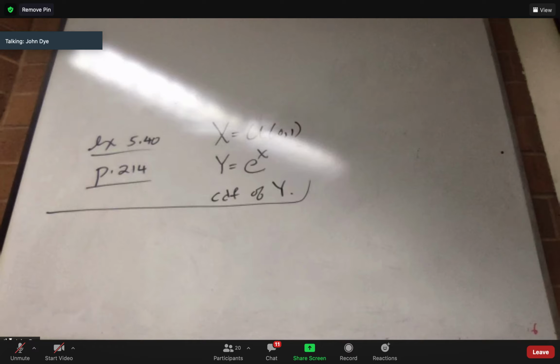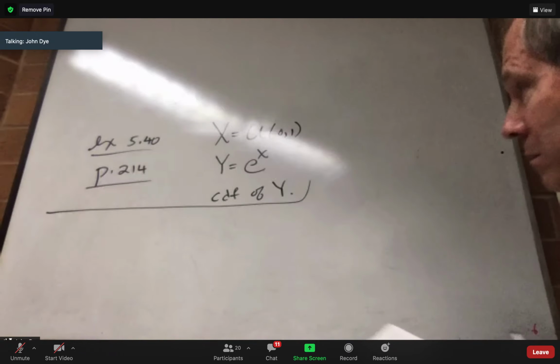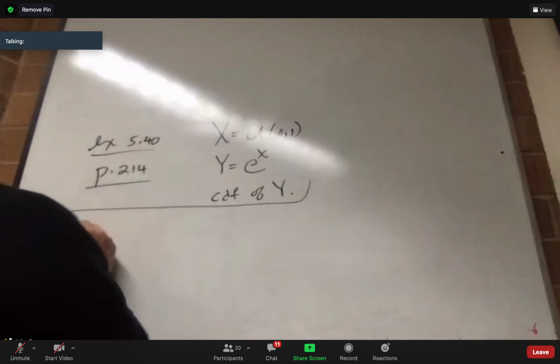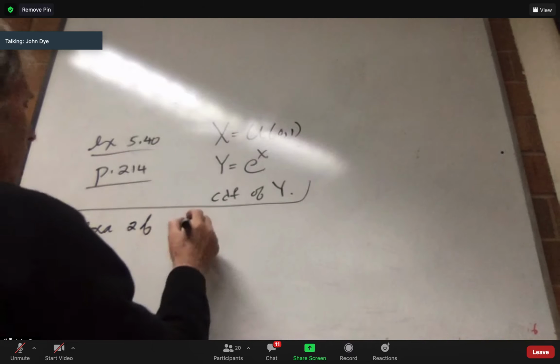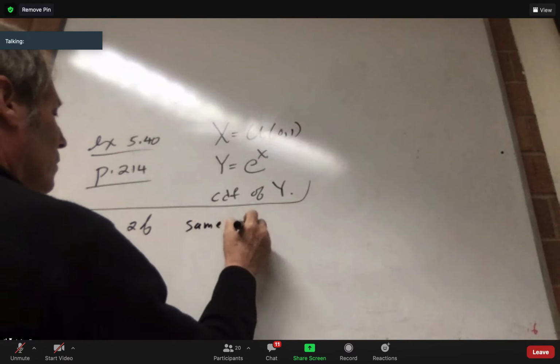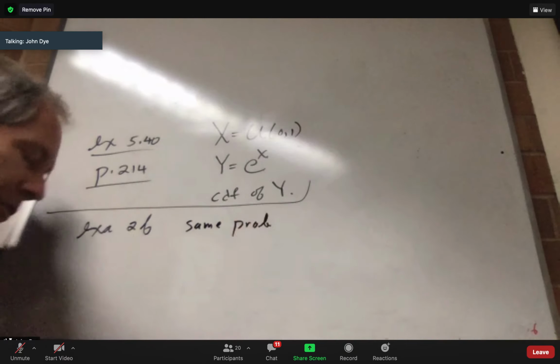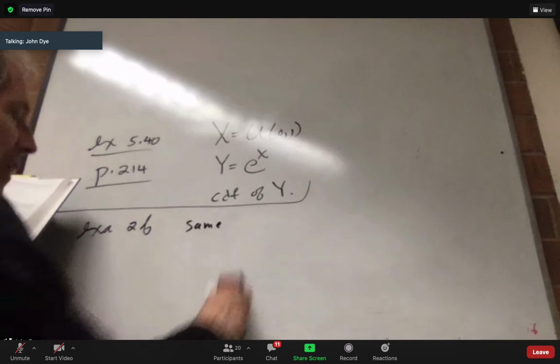So this has nothing to do with X, what was given? No, it's just the CDF of Y. Okay. So, if you look at example 2b, they have the same problem, I should say the same setup, same setting.